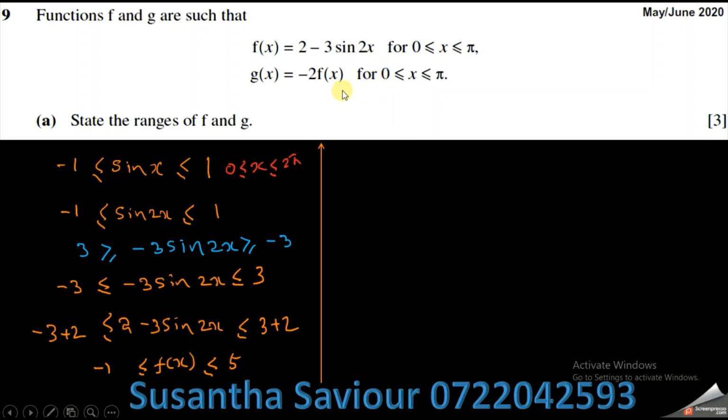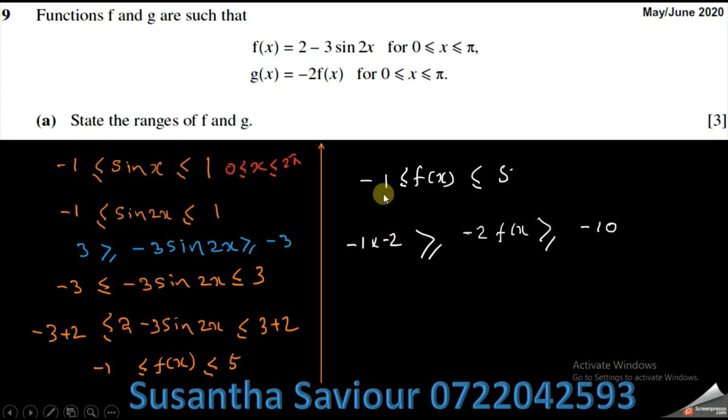Now in the next part, you have to find the g(x) range. g(x) is minus 2 f(x). That means you've got to multiply this whole thing by minus 2, right? f(x) is this, minus 2 into this is here. Look at this, the inequality is reversed.